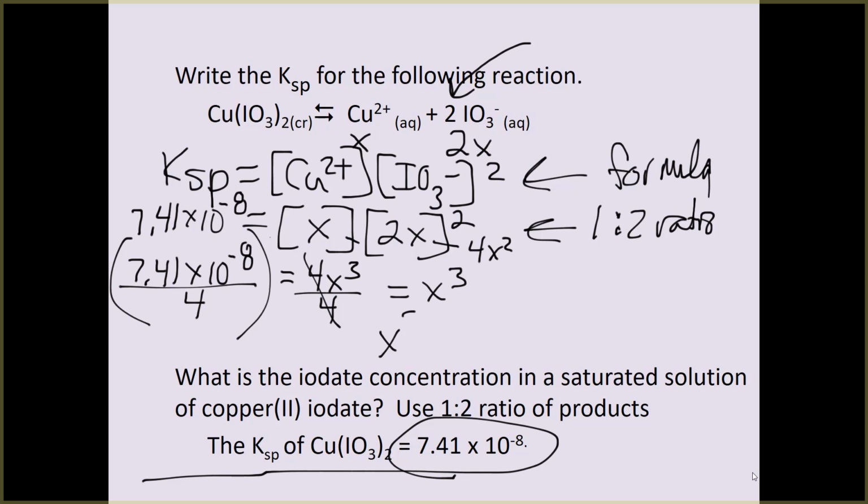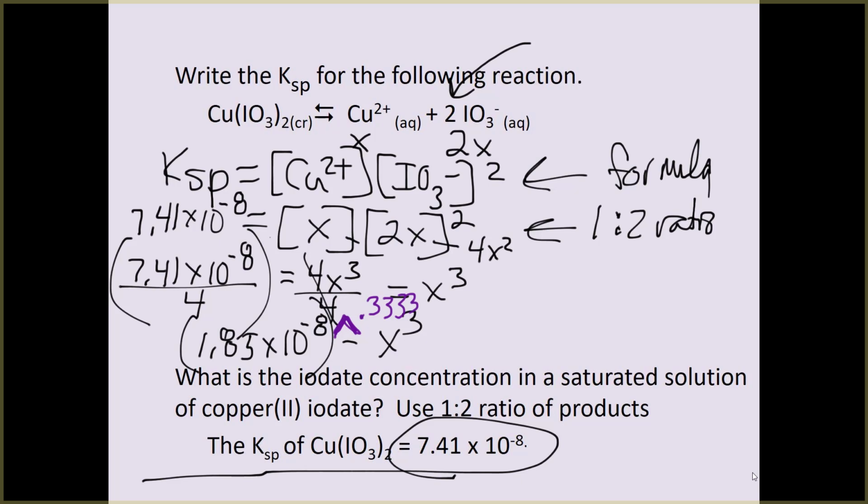This number is equal to 1.85 times 10 to the negative 8th. You can take that number and you can raise it to the 1/3. So if you don't have a cube root on your calculator, you can use the little caret button. And then I type in either 1/3 or I do 0.333, which is 1/3. Okay, so that's one way that you can get out of using your cube root.